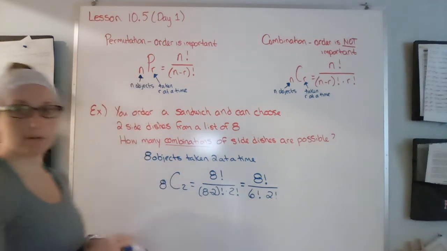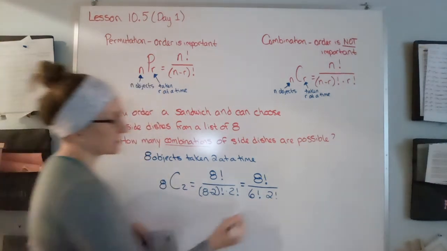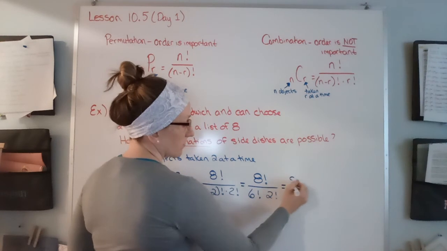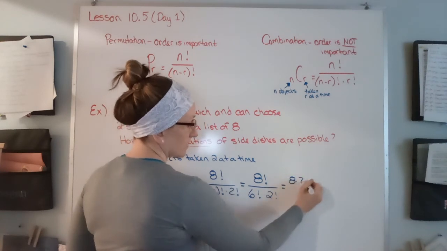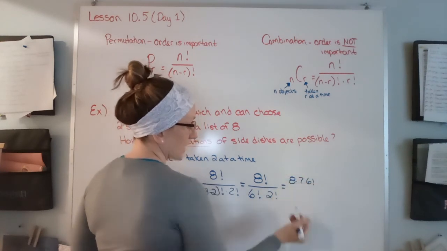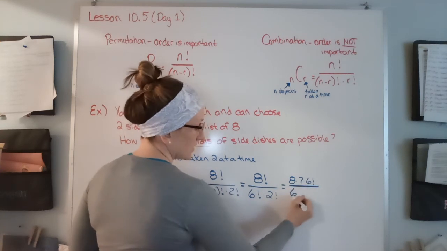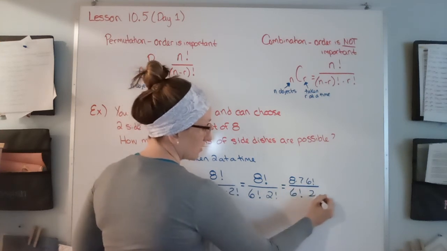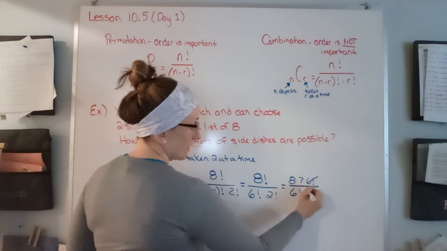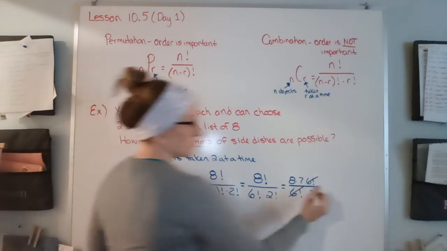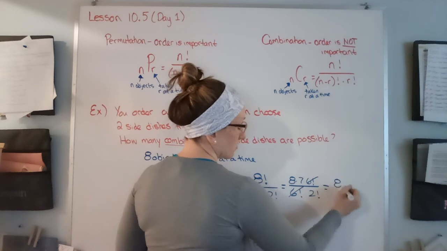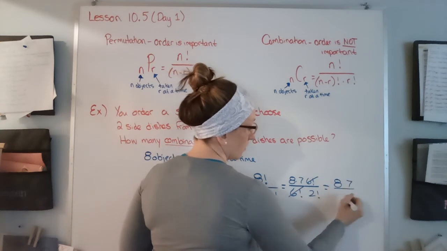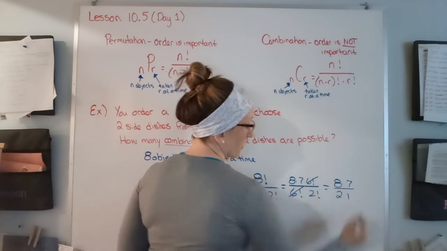Just like the last problem, I'm going to expand a little bit so I can then simplify. So 8 factorial, I'm going to write it as 8 times 7 times 6 factorial, but then I'm going to stop. The reason I stopped at 6 factorial is because I knew that there was a 6 factorial in the denominator that I could cancel with. So now I have 8 times 7 over 2 factorial, which is 2 times 1.